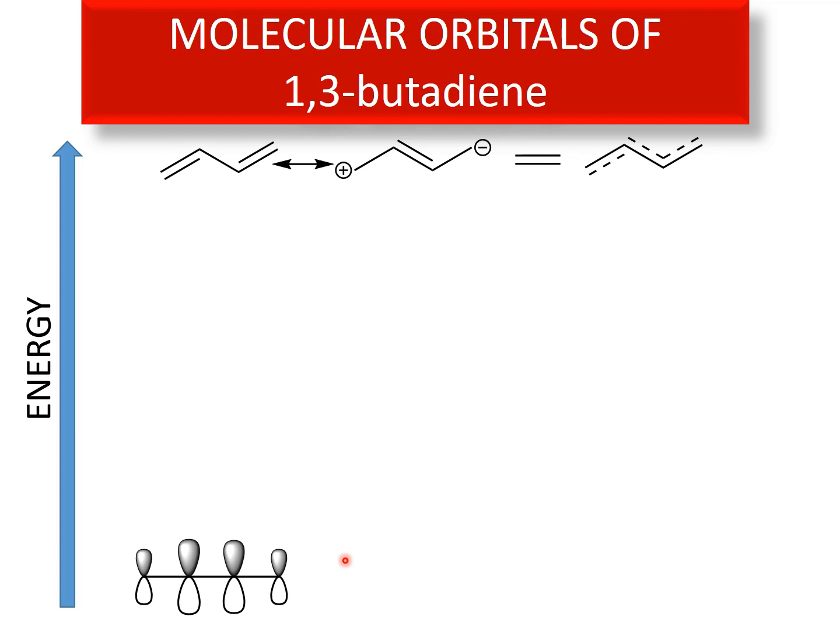Now, to draw the molecular orbitals, or to know what the wave functions of these atomic orbitals would be in a particular molecular orbital, or where you need to place a node or whether any node is present in this molecular orbital, first you need to know that we consider this electron density as a sine wave.